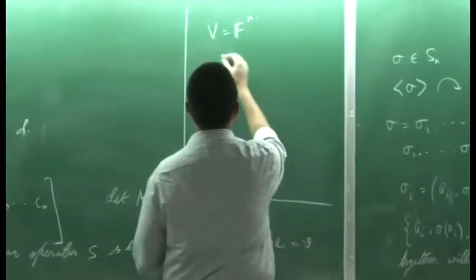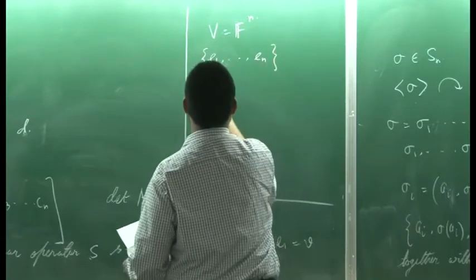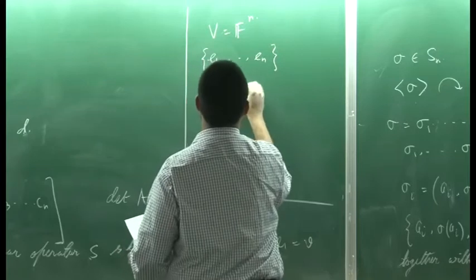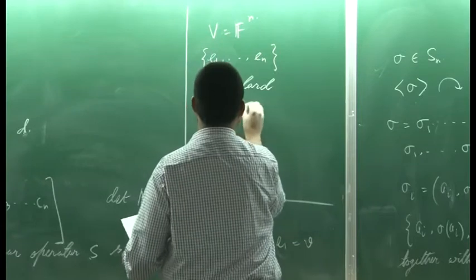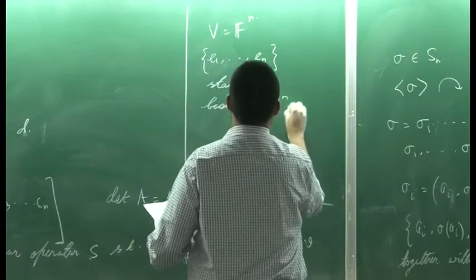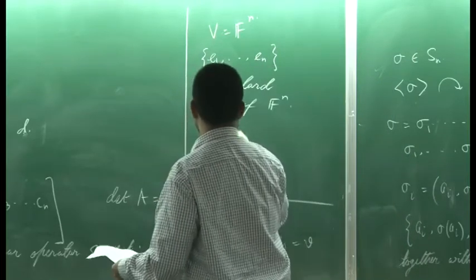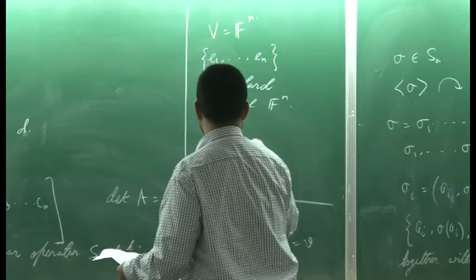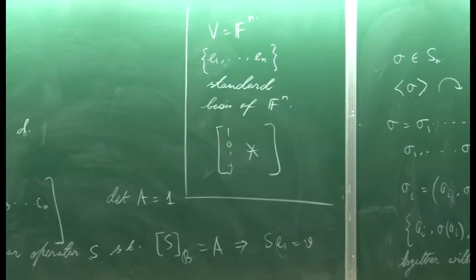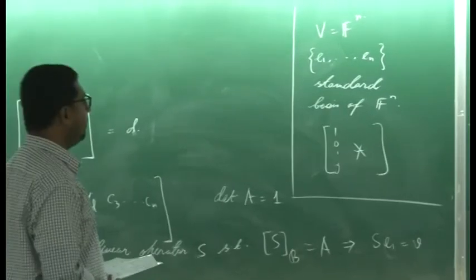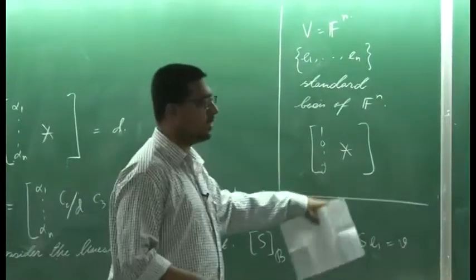Now, e1 is in the standard basis of F^n. Now it is easy to see that the stabilizer of e1 is nothing but all the invertible matrices whose first column is e1. Similarly, for SL_n(F), the stabilizer is all the matrices with determinant 1 whose first column is this.